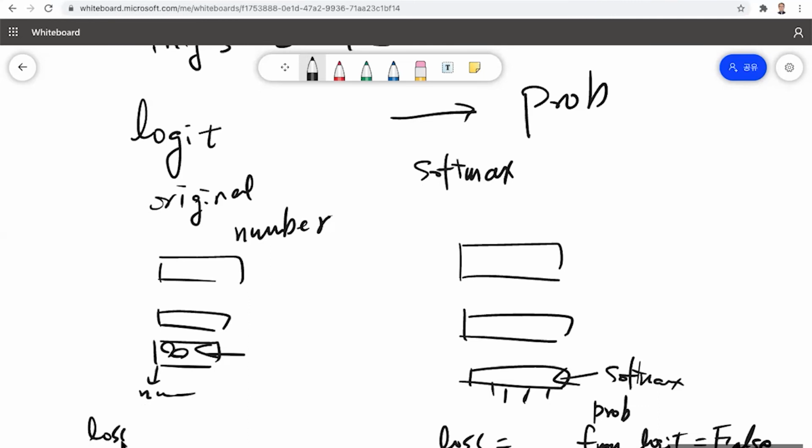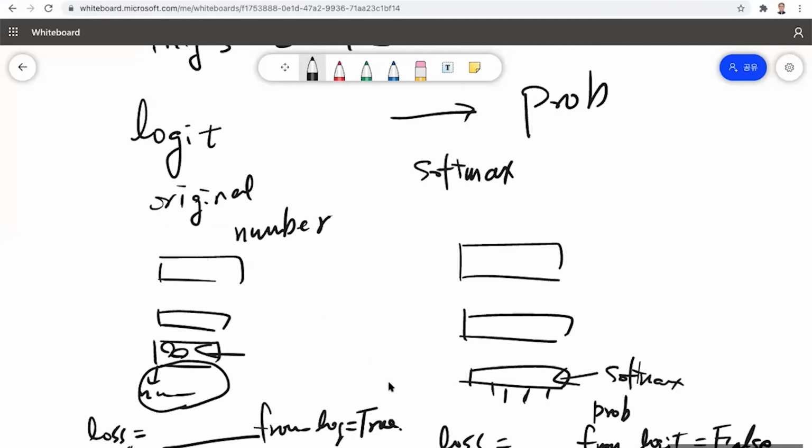Then I need to say my loss function is from logit. Actually, yes, so I have to say true, so that the loss function can take care of this number and transform it into a probability.